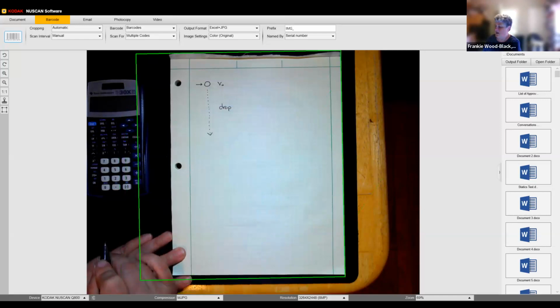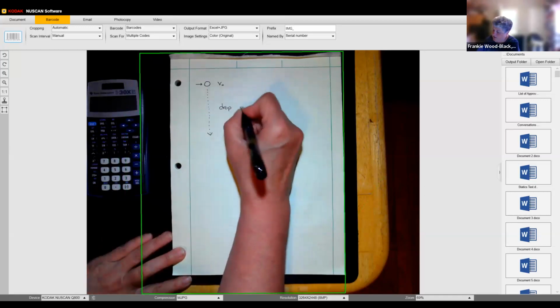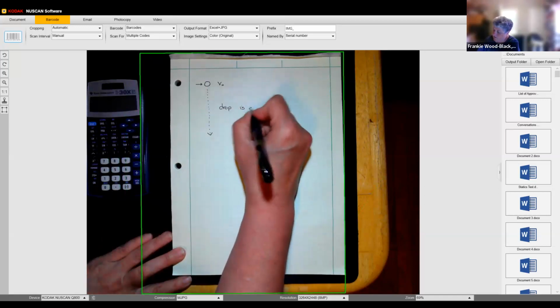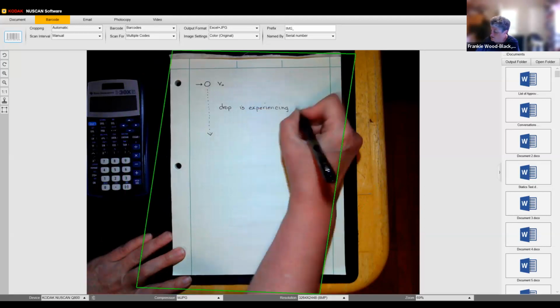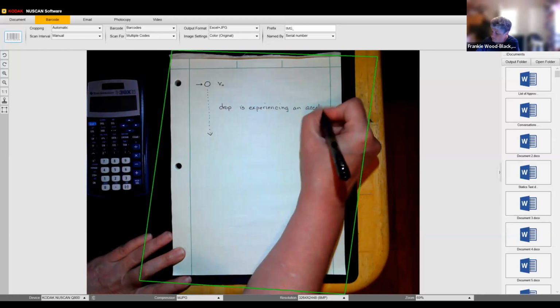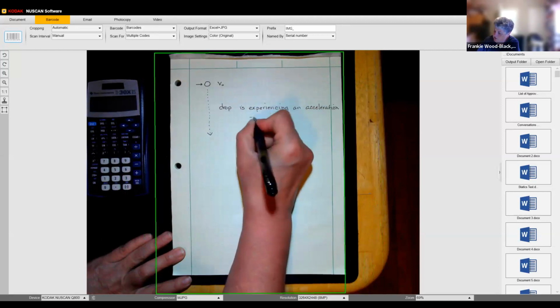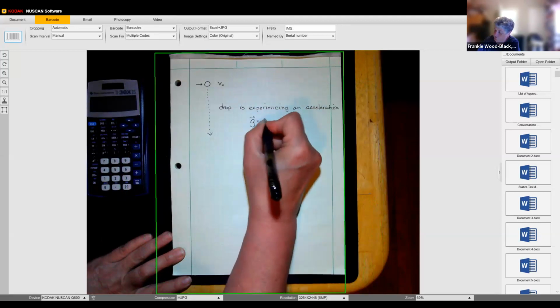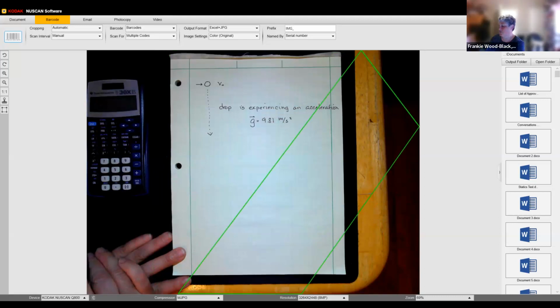One of the things we kind of know, because we've played with it, is that this ball drop is experiencing an acceleration. It happens to be the acceleration due to gravity. And we're going to use 9.81 meters per second squared as our acceleration due to gravity.